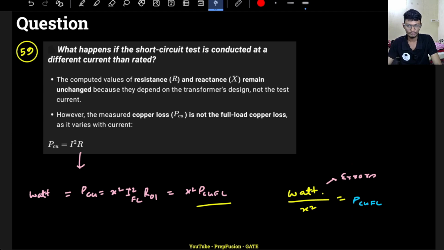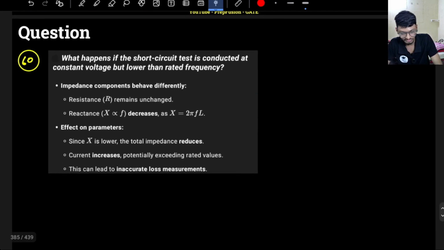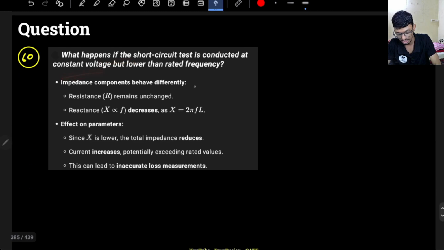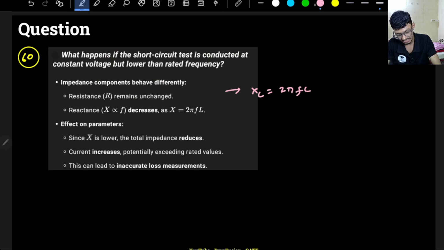Now one more interview question: what happens if the short circuit test is conducted at constant voltage but lower than rated frequency? The short circuit test is conducted at constant VSC, but I am operating at a lower than rated frequency. I know my leakage reactance XL is 2πFL. Although L is the same, F will reduce.